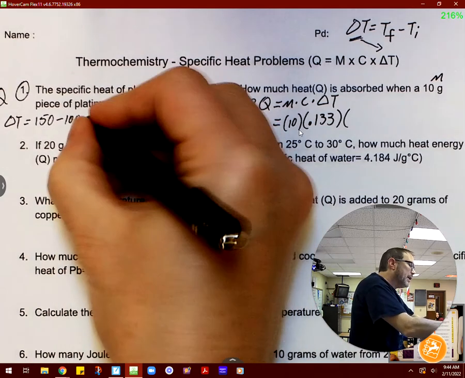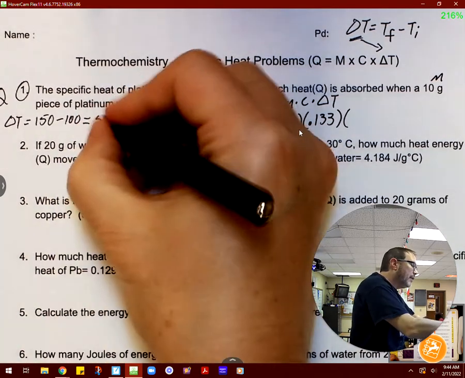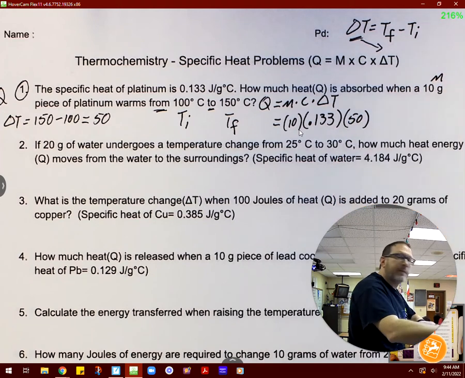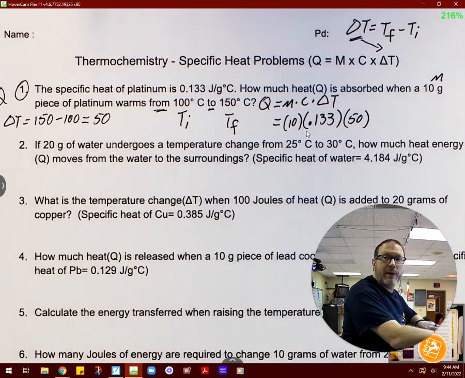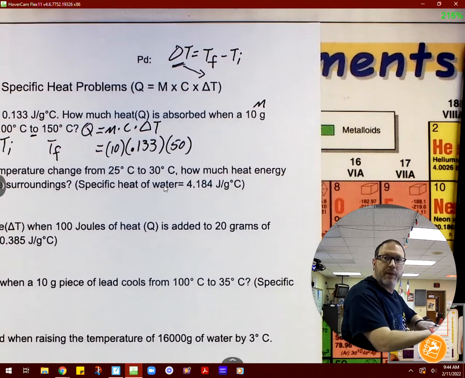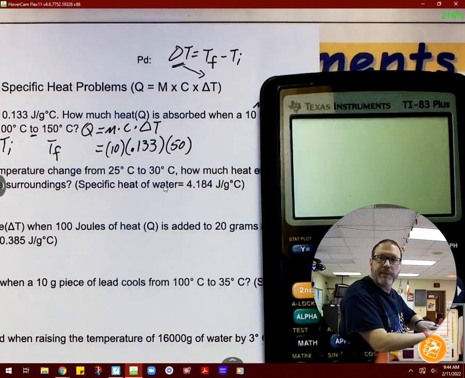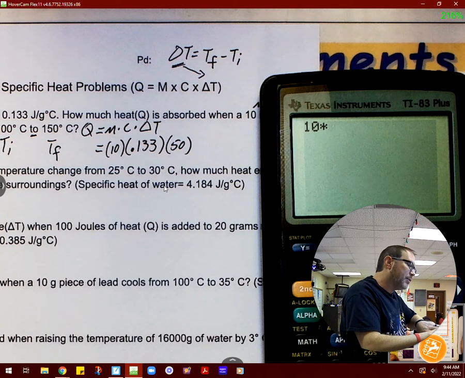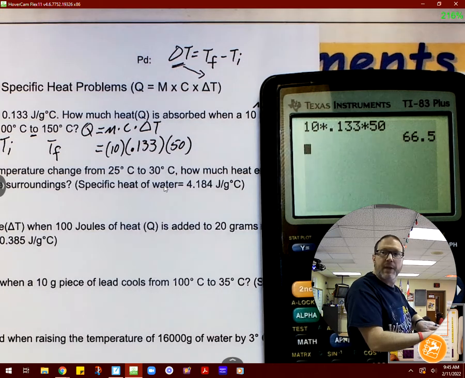So what is 150 minus 100? Positive 50. So my delta T is going to be 50. No, I don't have to divide by anything. Literally, I am taking this times this times this. So at this point, grab my handy dandy calculator, and I just type in 10 times 0.133 times 50, and I get 66.5 for an answer.